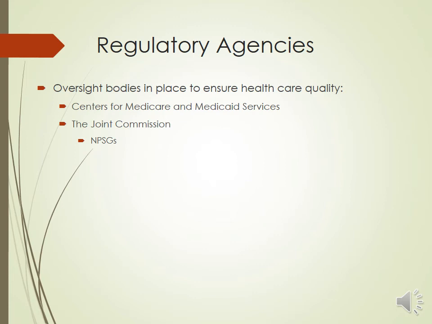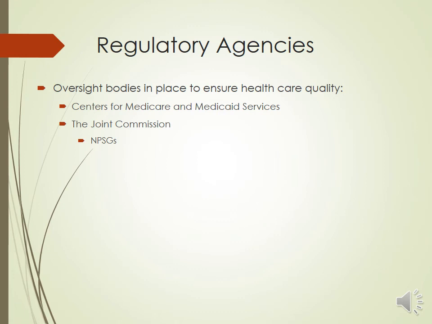So healthcare quality is a huge concept in healthcare, and we need lots of regulatory agencies to monitor healthcare organizations to ensure the safety of the public and ensure that the public is getting safe quality care. Two big bodies that ensure this are the Centers for Medicare and Medicaid Services.